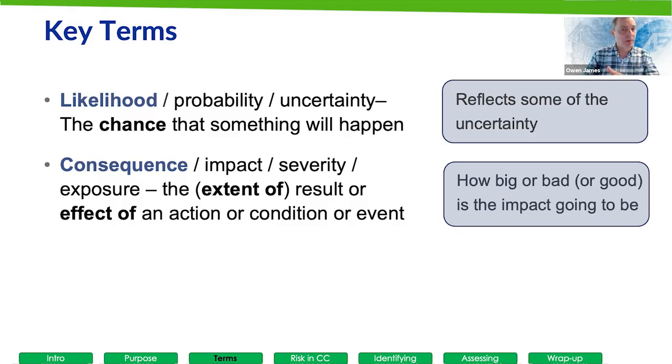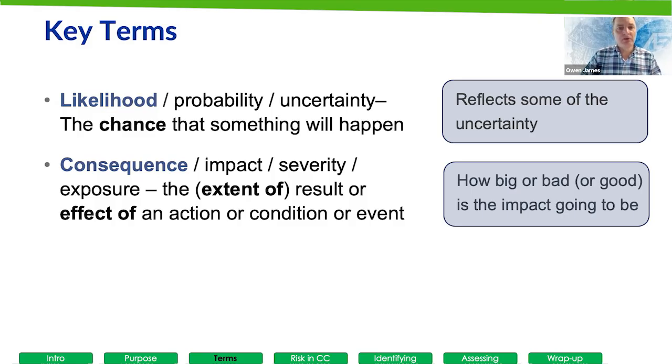So consequence and exposure, you might see that combined in an integrated risk management framework. So it's important to understand when somebody says exposure or when somebody says consequence, what do you mean in your framework? In very broad terms, and for the rest of this presentation, we're taking the definitions pretty much as they are on here.